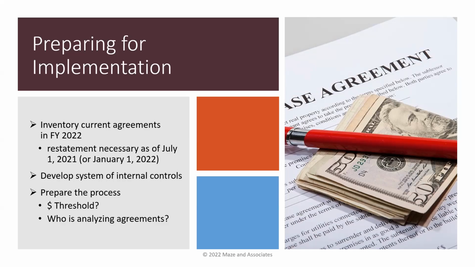At the end of the year, they're not going to be the same, because one is being amortized using principal and interest at the discounted rate, and the deferred inflow is being amortized straight line over the shorter of the life of the lease or the life of the asset. Mm-hmm. Yes.